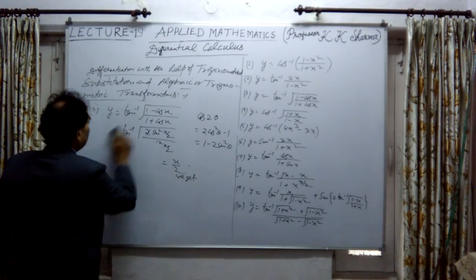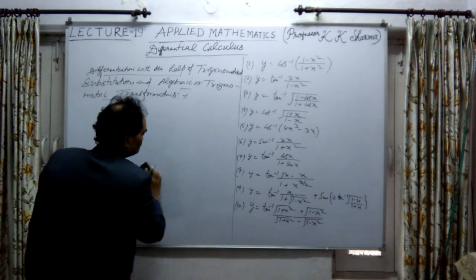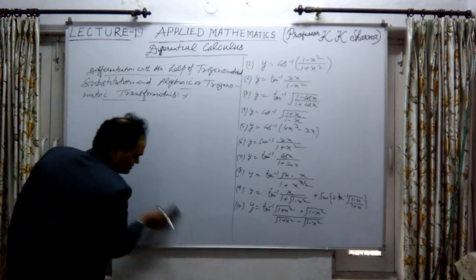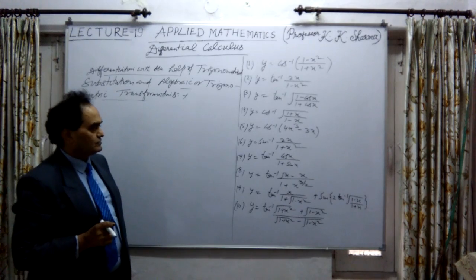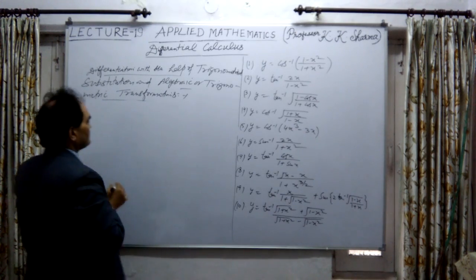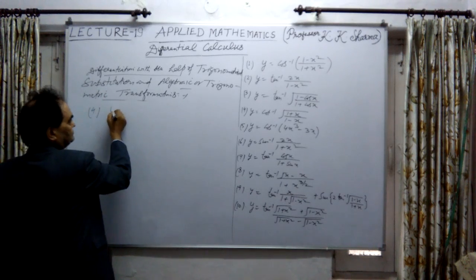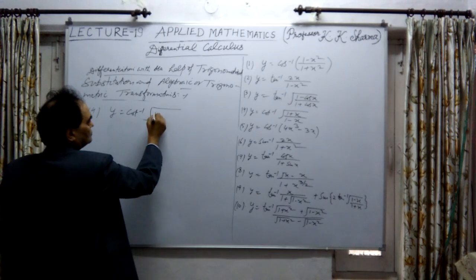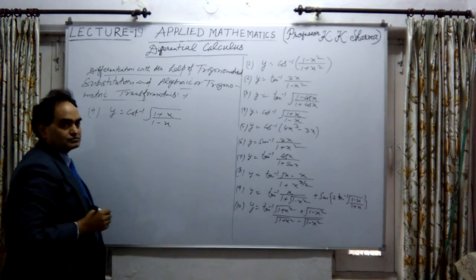Now let me take the fourth one. Substitution, trigonometric or algebraic, is helpful in case of differentiation or finding the coefficient. Now the fourth question: here y equal to cot inverse under root 1 plus x upon 1 minus x. Now substitution.